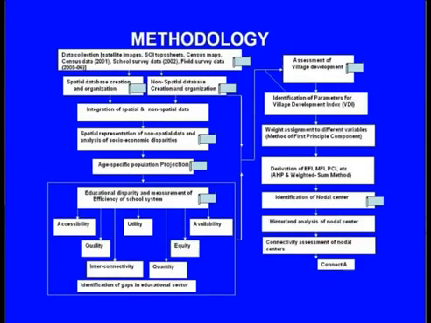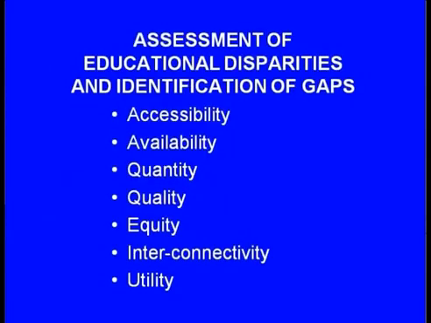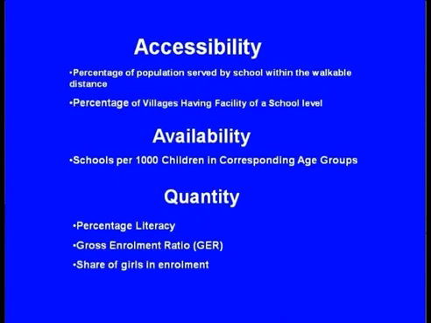So, when we look at these, these are the parameters as just said, accessibility, availability and all these would be taken into consideration, and based on this we have certain criteria, that is the percentage of population served by a school within walking distance, percentage of villages having facility of a school. This defines the accessibility. Then availability of school per 1000 children in the corresponding age group.